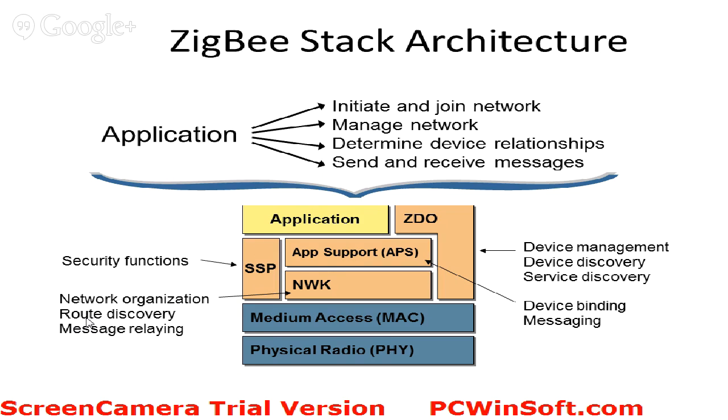Then there is an application support layer. This application support layer basically acts as an interface between the actual applications and the network layer. It performs device binding and messaging. Then you have a ZDO, the ZigBee device object.